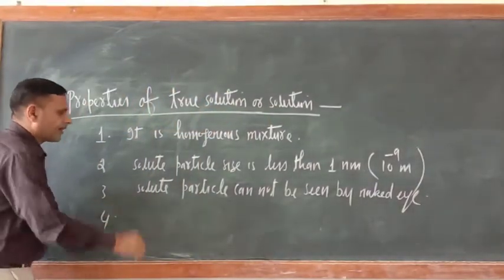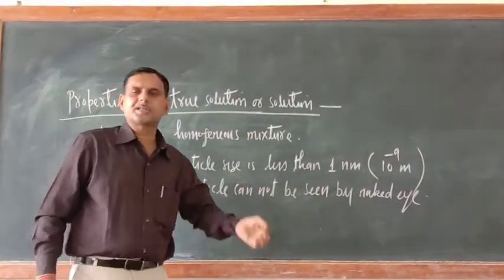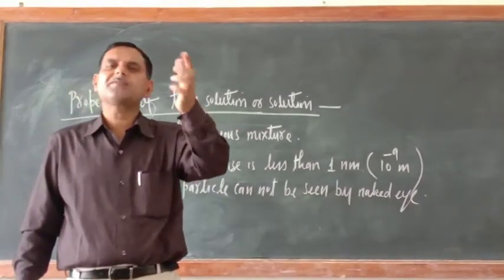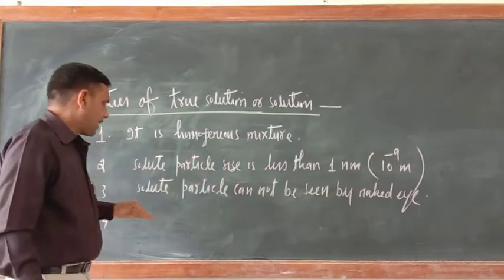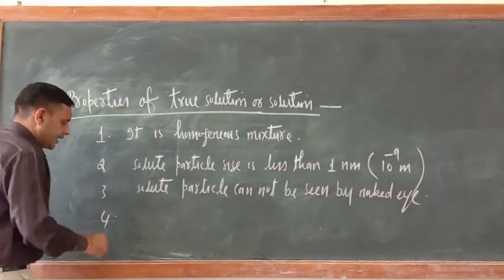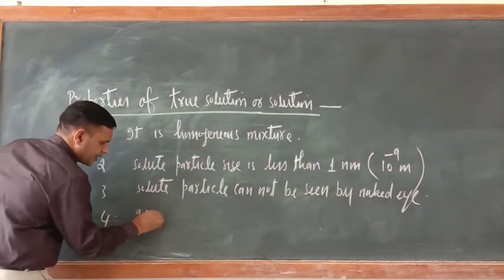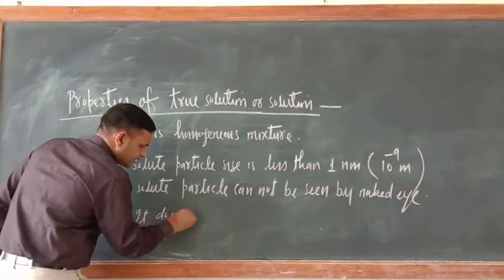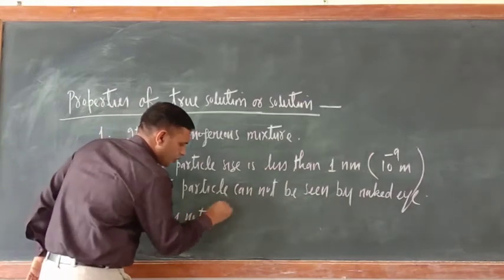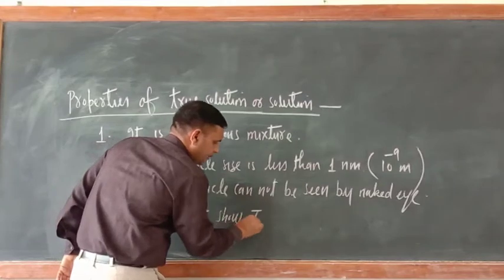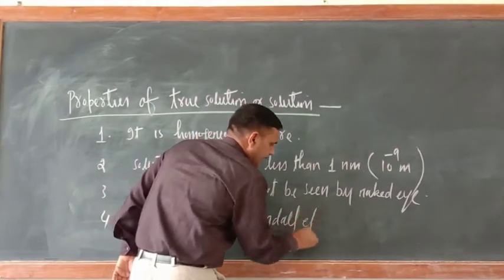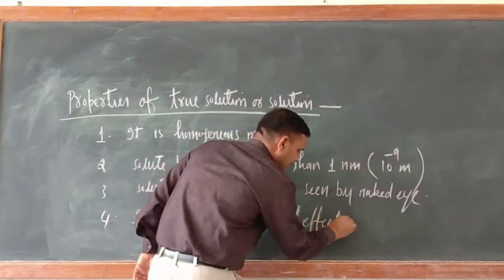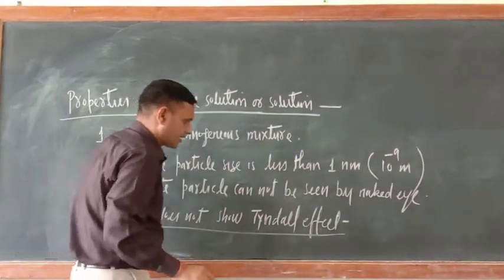What is the fourth one? That is the important thing. Since solute particles are very tiny, they cannot be seen by the naked eye. And now try to understand: it does not show Tyndall effect. What is Tyndall effect now? Try to understand.